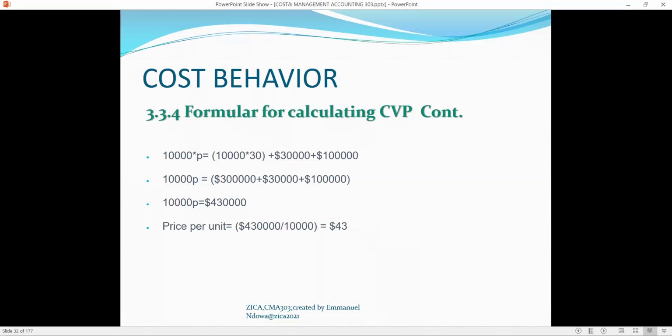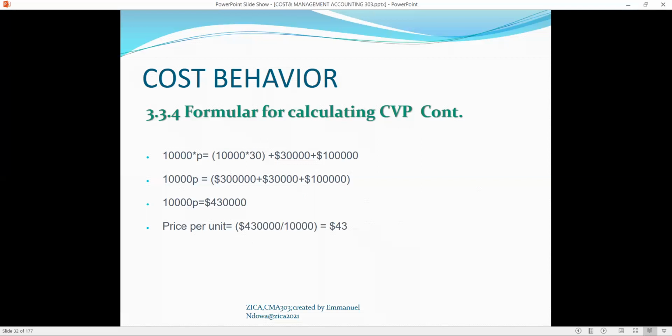So when we get the total variable cost, the total fixed cost and the total profit, we arrive at 430,000 as our total on that side. And we still have the 10,000 units, but we don't know our price, which is P. If we divide the 430,000 by 10,000, we will then come up with our price per unit, which is $43.